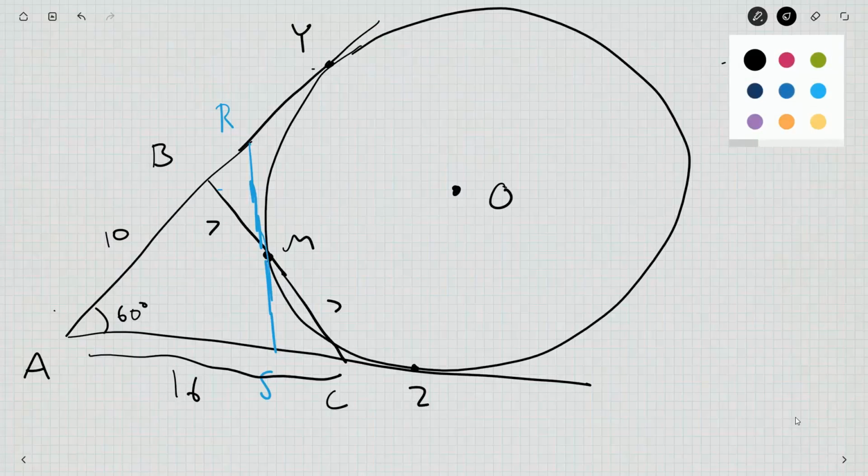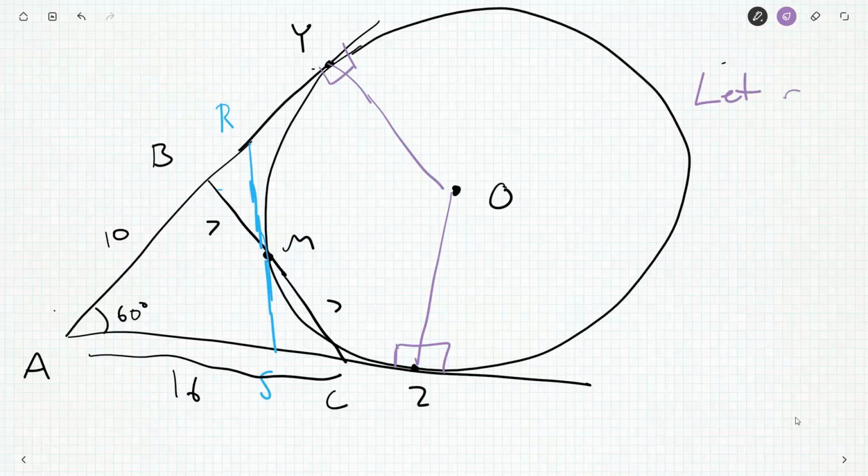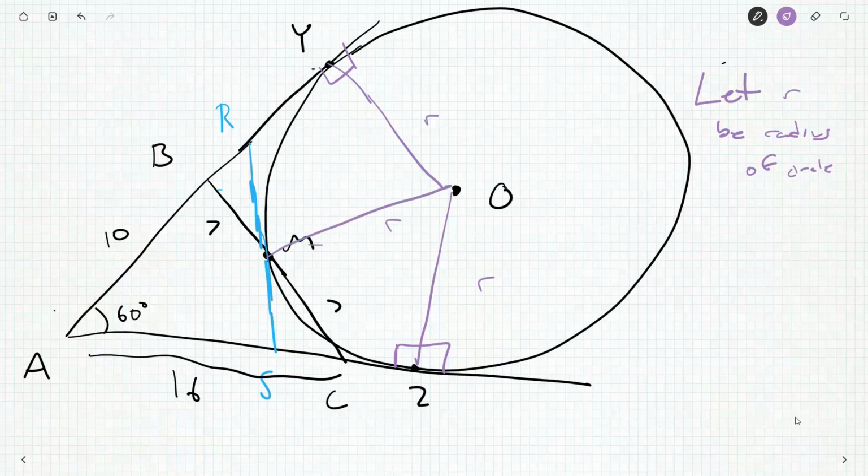Well, let's get purple. We'll connect O up to our points of tangency here. Let R be the radius of the circle. So we get R here, we get R here. Might as well add R here, and M is a tangent point, so it doesn't look like it, but we do have a 90 degree here.